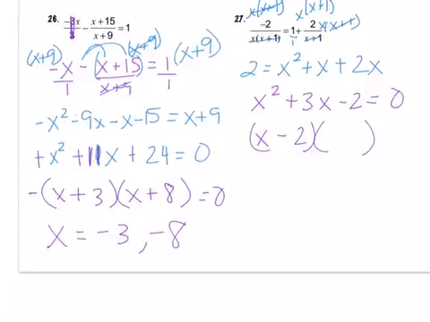This should be a negative 2, I just brought it down wrong, or I missed the negative. So when I bring it over from here to here, it's going to be a positive 2. So I need to make that a positive, and then this would become a positive, and these two multiplied together equal 2, and they add together to equal 3. So I know I'm right. So my answer is x equals -2 and -1.